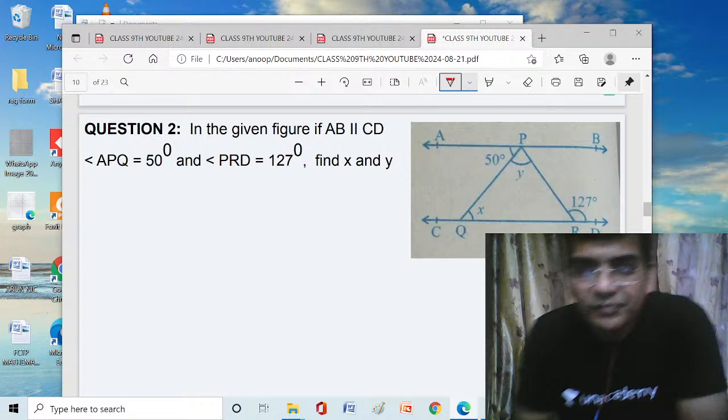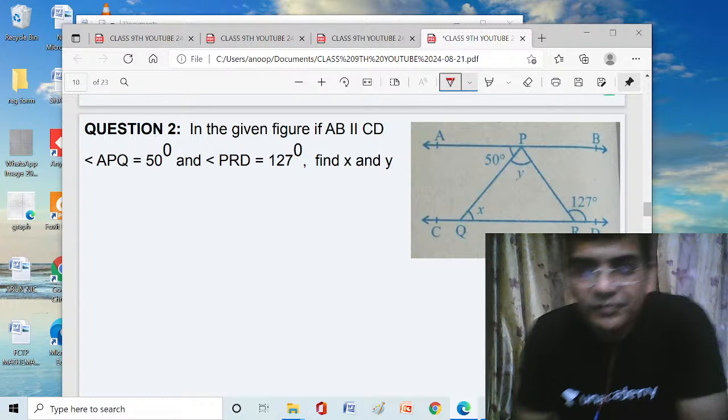So in the answer sheet, if you mark this angle A, then you need not write the name of this angle as APQ, because the examiner can see in your answer copy that you have considered this angle as A. So I can say A is equal to X.